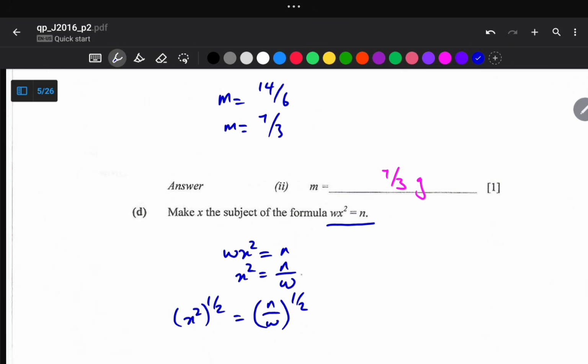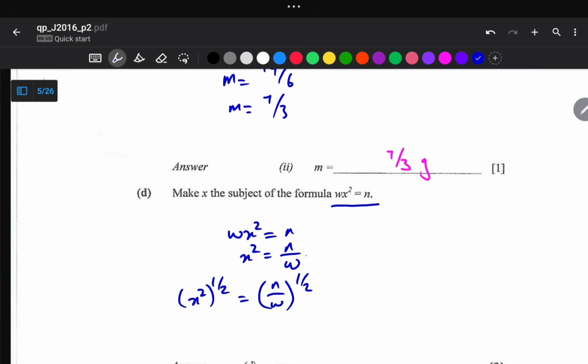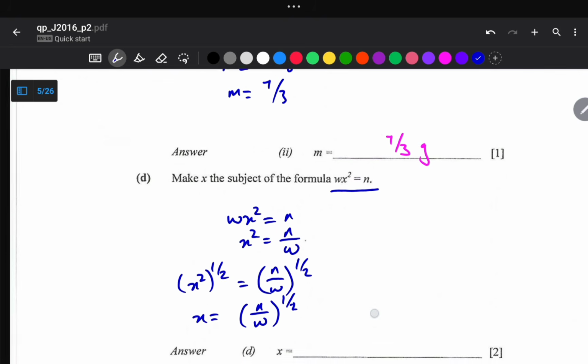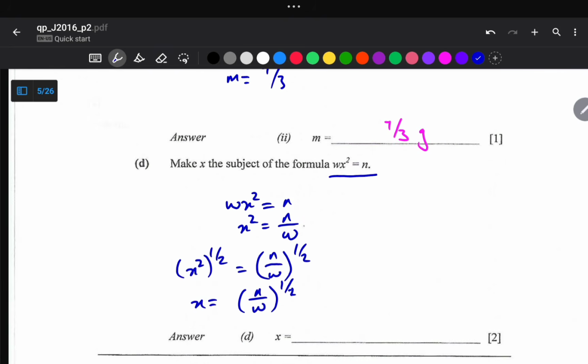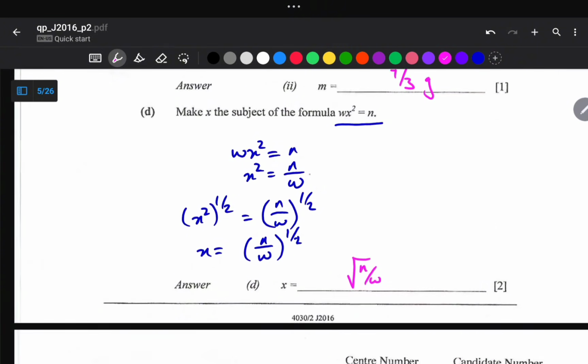So this 2 and this half multiply, and we are going to get x being equal to n over w to the power half. So n over w to the power half can be written as the square root of n over w. So here we can write x being equal to the square root of n over w. So this is our final answer.